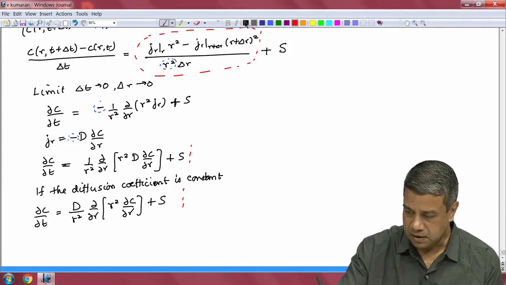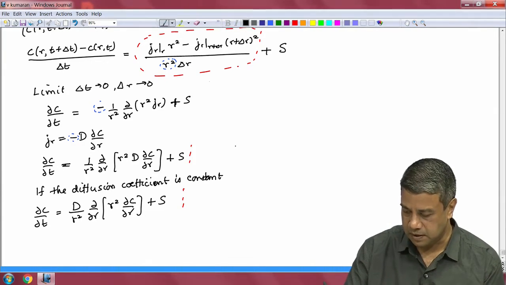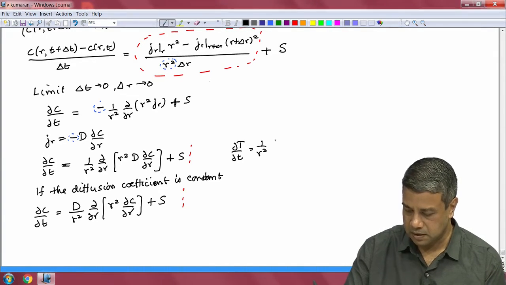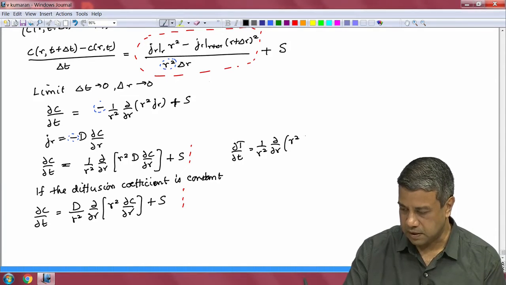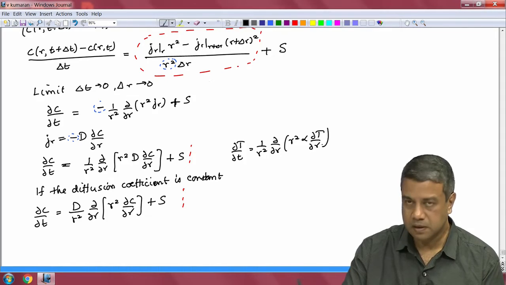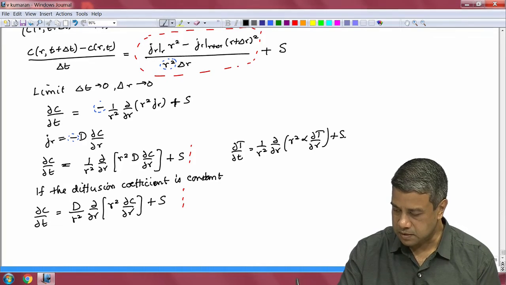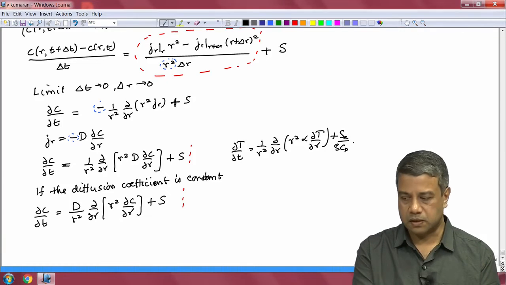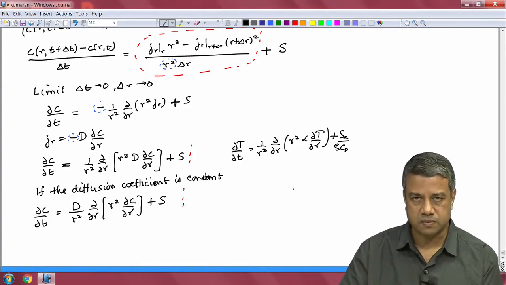The equation for the temperature field will be identical: partial T by partial t is equal to 1 by r square d by dr of r square alpha partial T by partial r plus the source by rho Cp. This is assuming that rho and Cp are both constants, as we usually assume.